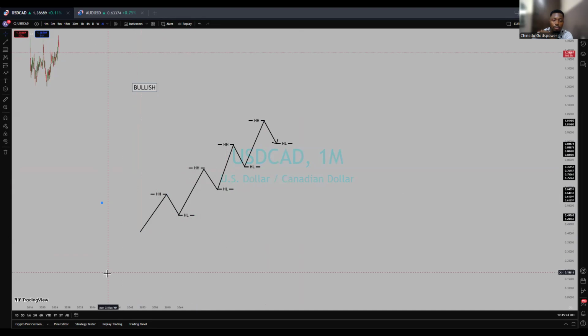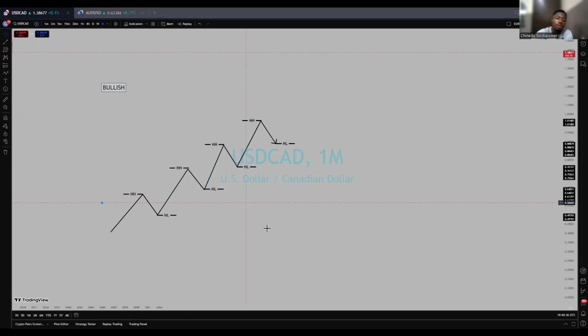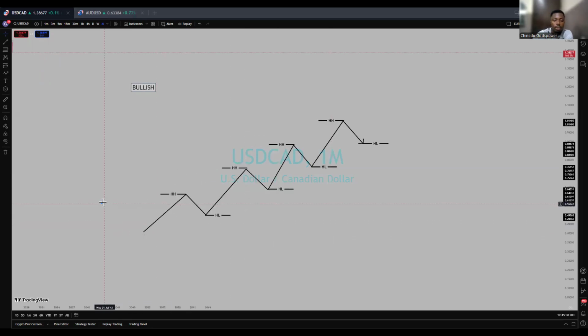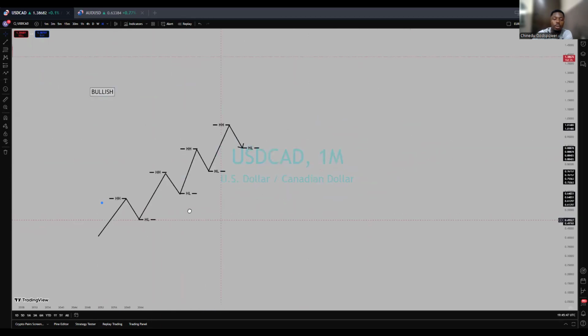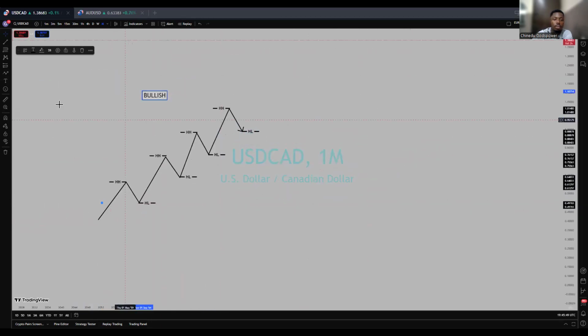So price is creating what? Higher high, higher low, higher high, higher low, higher high, higher low, higher high, higher low. This is what it looks like. And remember, this is the bullish scenario. This is so we know it's bullish.